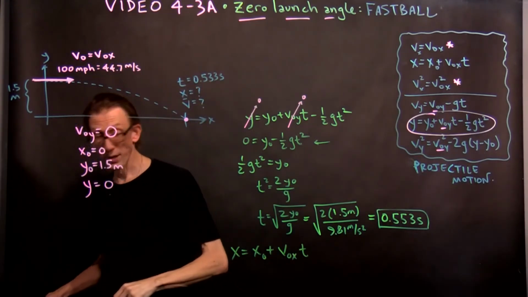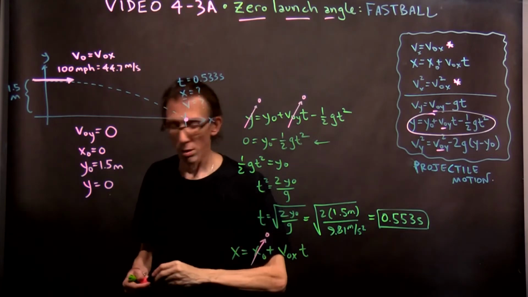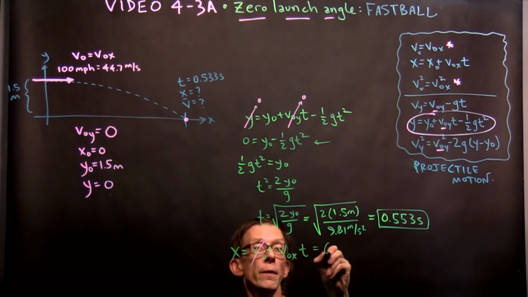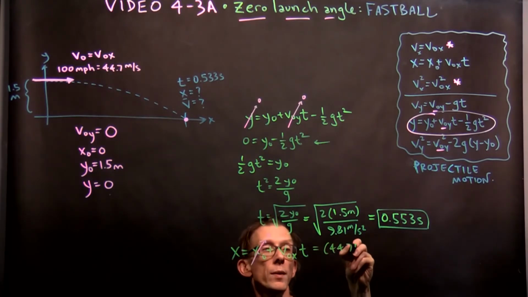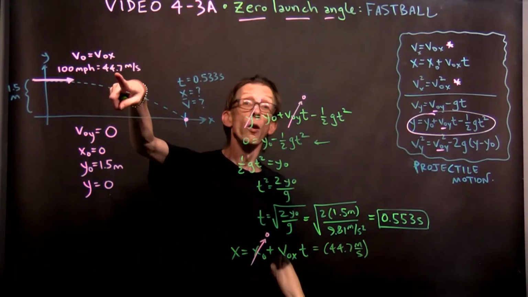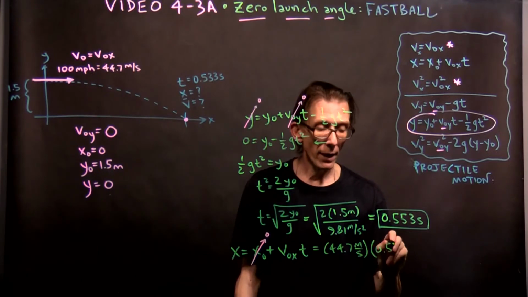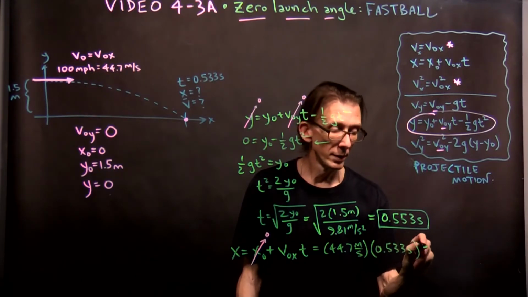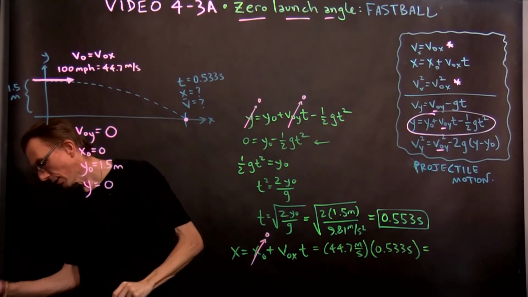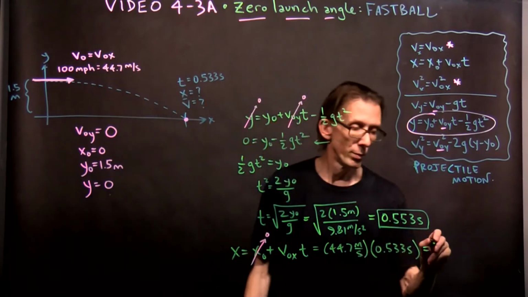X naught is 0, my favorite number. So it's just v naught x times t, which we now know. That's going to be 44.7 meters per second, right? Because v naught x is the whole initial velocity, times 0.533 seconds, which gives us an answer of 24.7 meters.